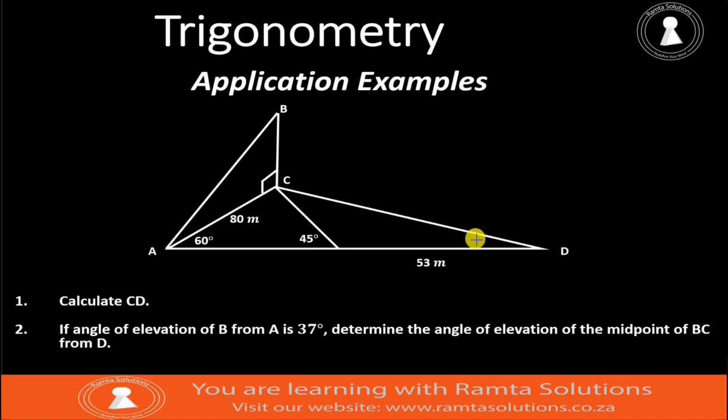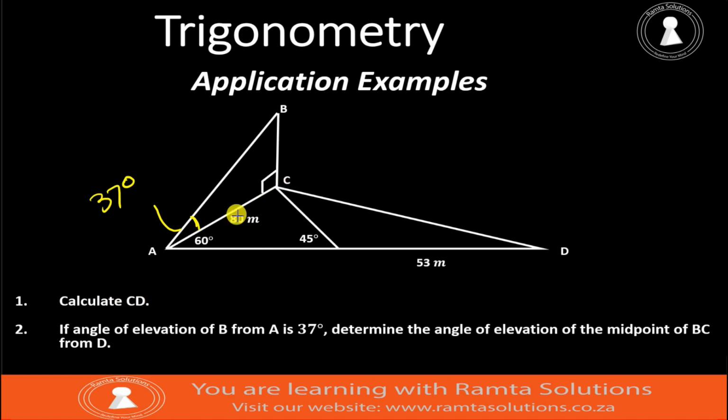We are also given further information that the angle of elevation of B from point A, meaning this angle here, is 37 degrees, and we must determine the angle of elevation of the midpoint of BC from D. So somehow there will be a midpoint, a point here, which will create an angle, and because it's a midpoint, wherever the line is, the lengths will be equal, but we'll get to that when we get there. Okay, for now, let's look at calculating CD.